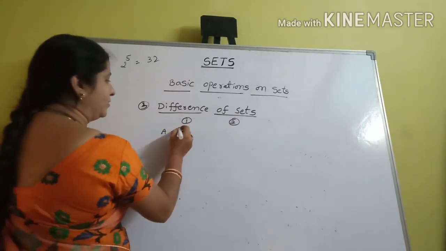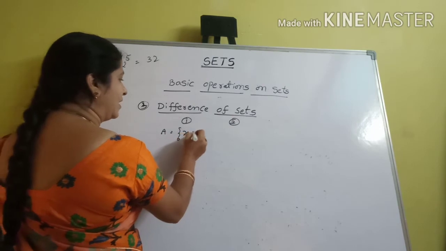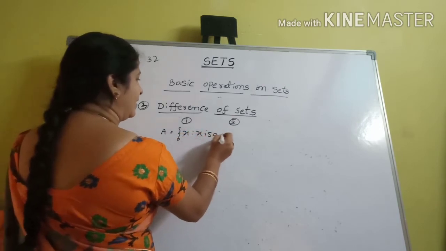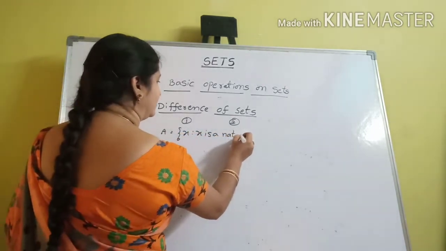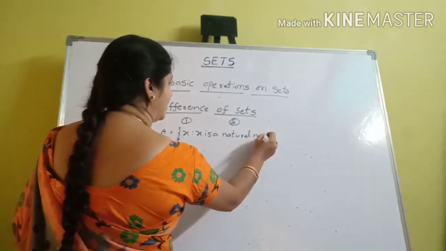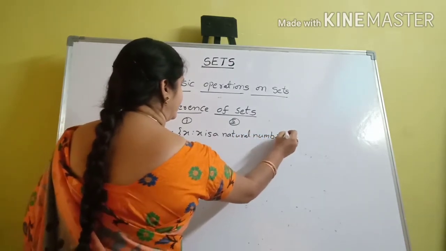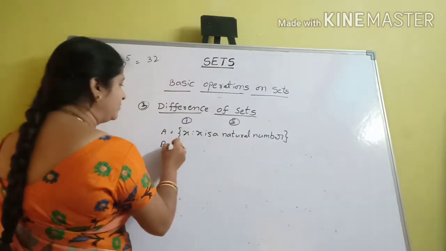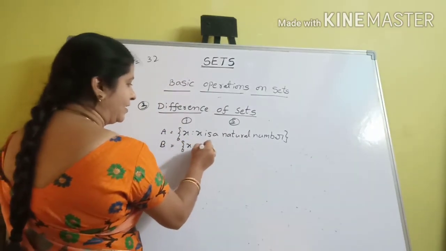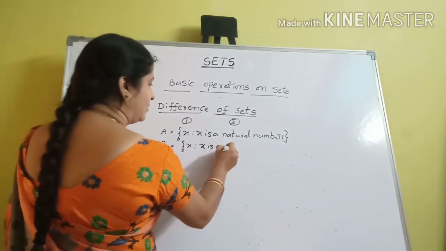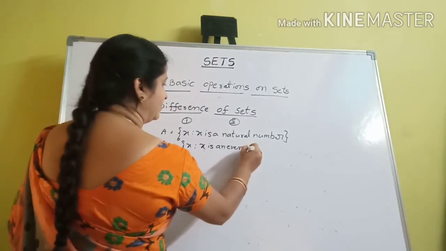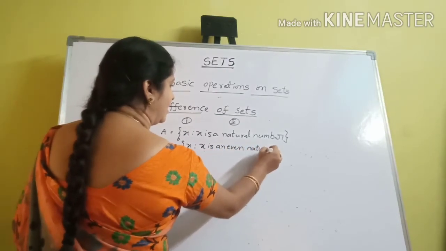Suppose A equal to set of x such that x is a natural number. B equal to x such that x is an even natural number.